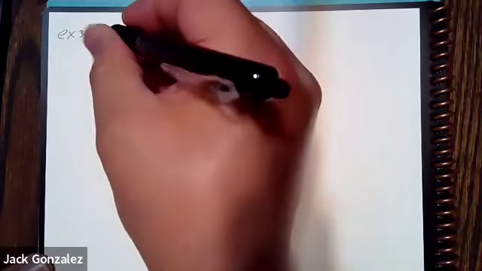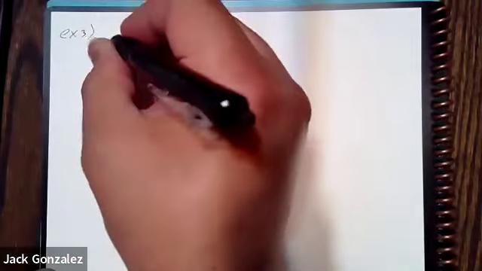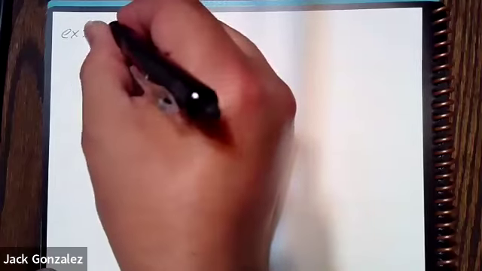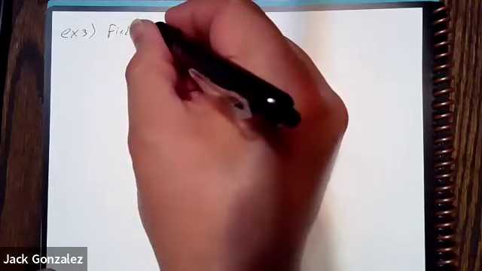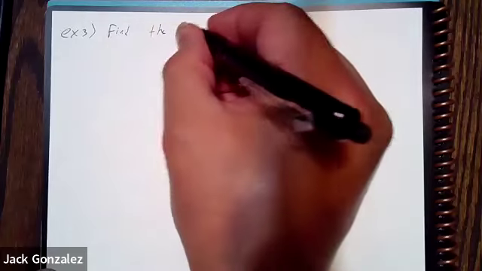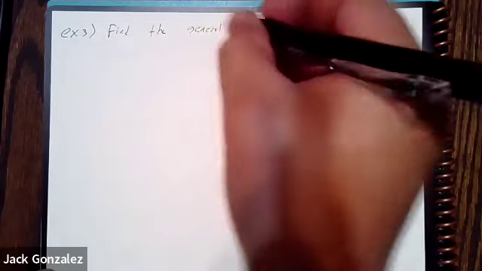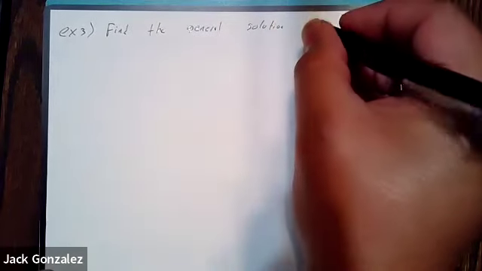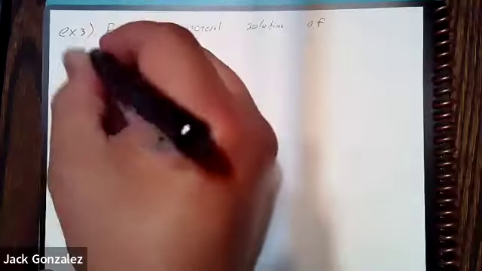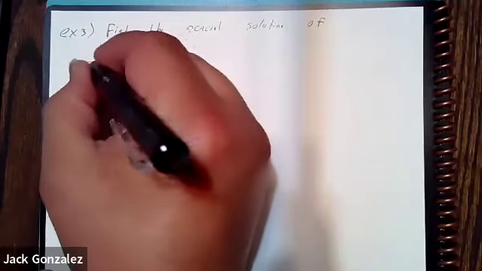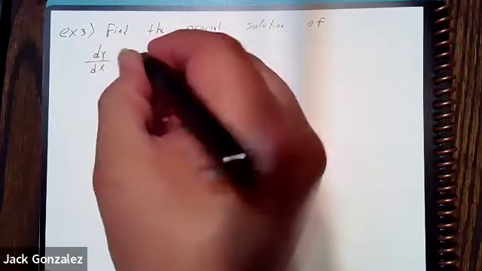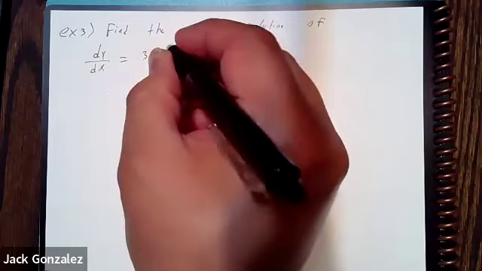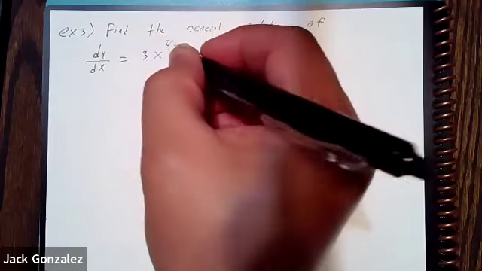Example 3. Find the general solution of dy/dx equal to 3x to the 2/7.